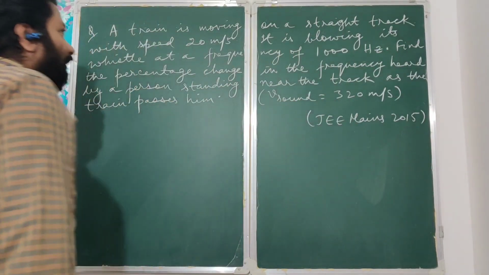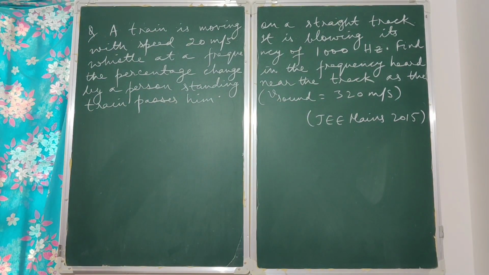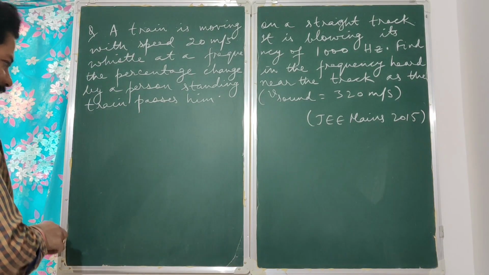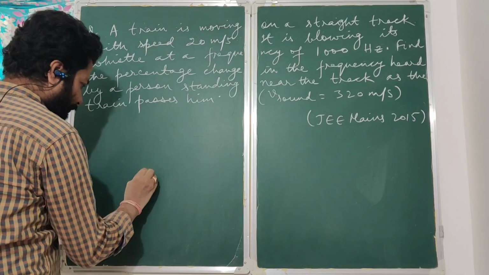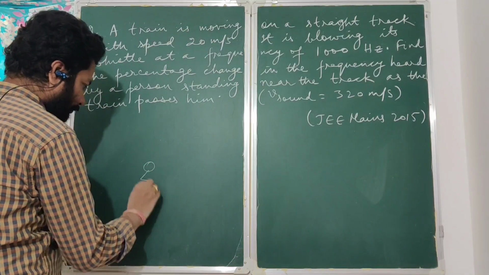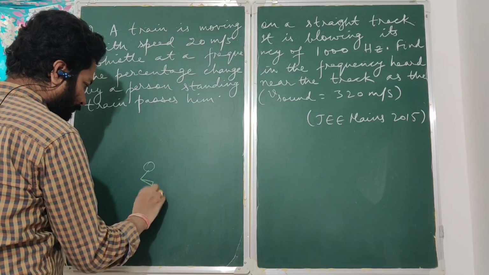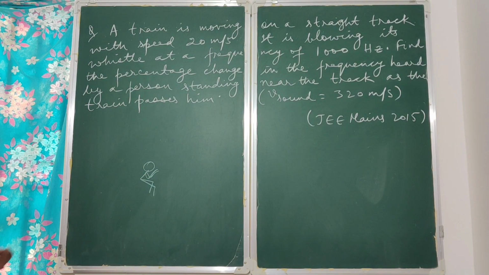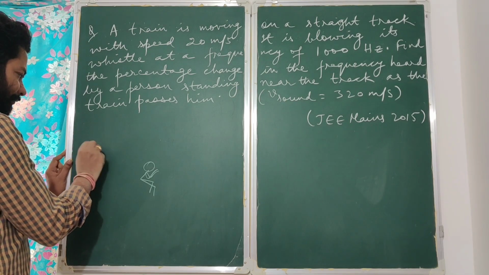So let's see this question. A train is moving on a straight track with a speed 20 meters per second. It is blowing its whistle at a frequency of 1000 Hz. Find the percentage change in the frequency heard by a person standing near the track as the train passes him. So what is happening here is, there is a guy who is standing on the road and the train is coming.